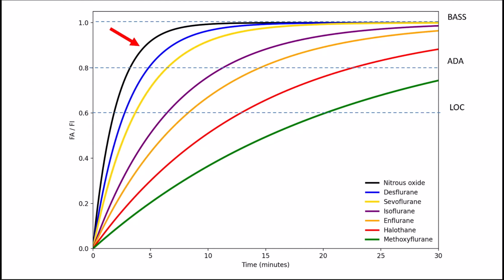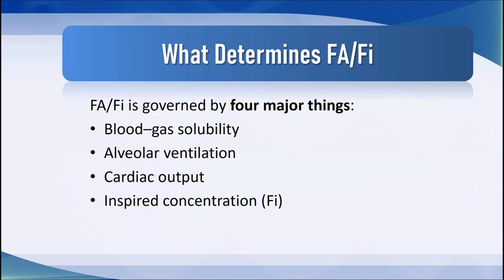It absolutely does. But what determines FA divided by FI are four things: blood gas solubility, as we've already discussed, alveolar ventilation, we'll get onto that in a minute, cardiac output, and the inspired concentration. And the last is really important for nitrous oxide. It is delivered in massive quantities, 50% or more.